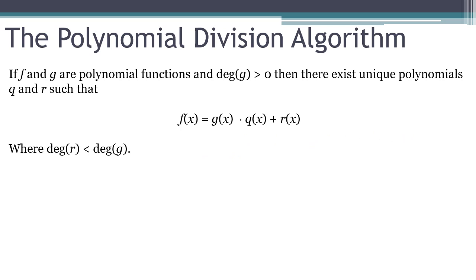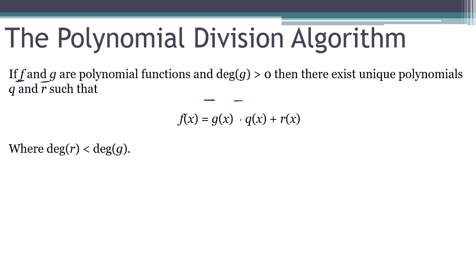All right, the polynomial version looks more complicated, but it's really saying the same thing. If we want to divide f of x by g of x, then the result is the quotient q and a remainder r. Now, in the numeric version, the remainder had to be less than the divisor.